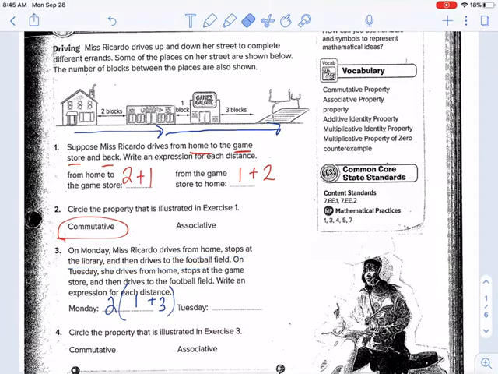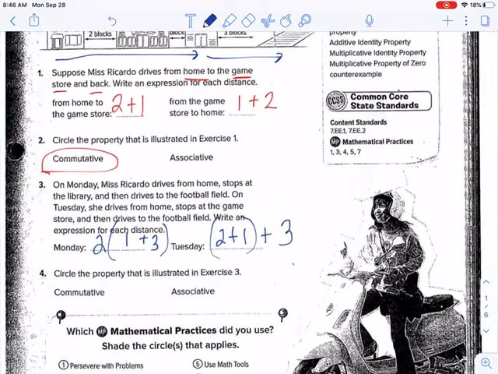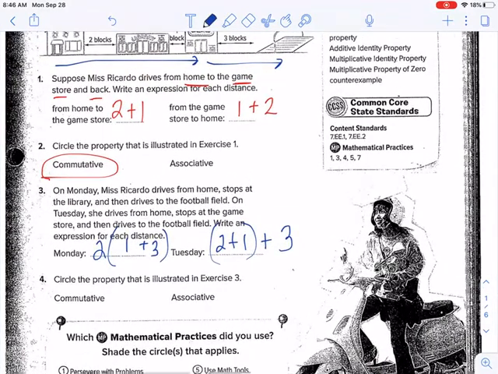On Tuesday, she drives from home, stops at the game store. So if we go home to the game store, that was our 2 plus 1 that she did all together. And then went to the football field, which is 3 more. So if you notice, same order, 2 plus 1 plus 3, or 2 plus 1 plus 3.